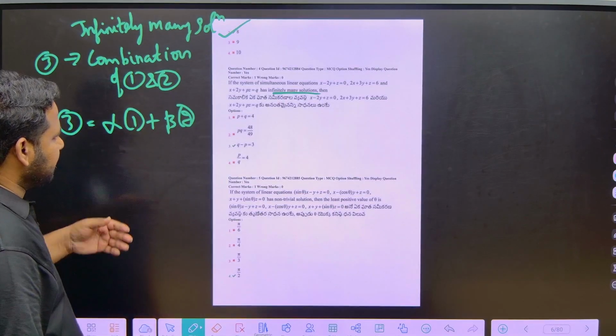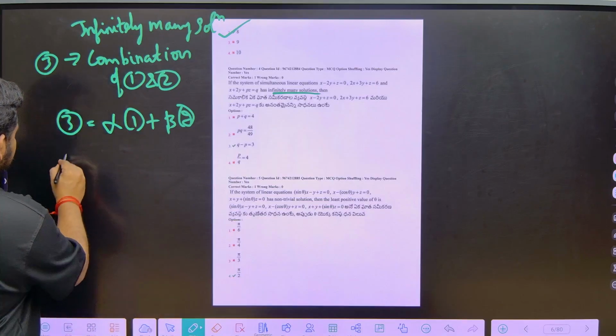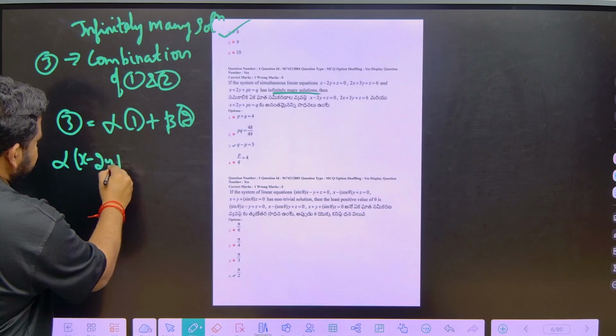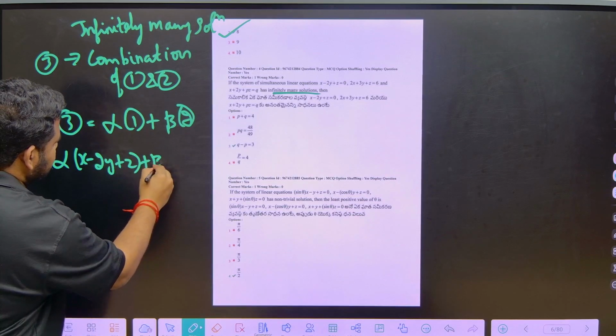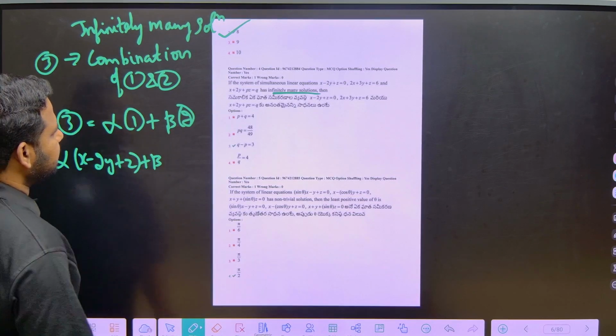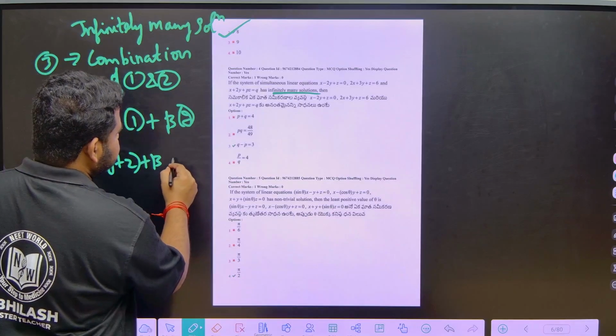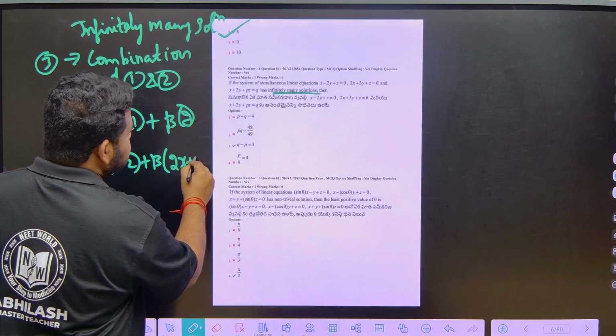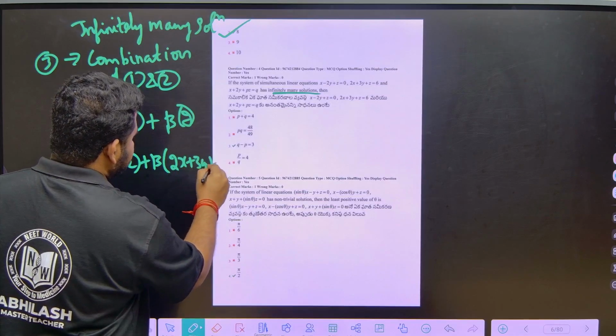So, the third equation is equal to alpha into the first equation, alpha into (x minus 2y plus z), plus beta into the second equation, beta into (2x plus 3y plus z).